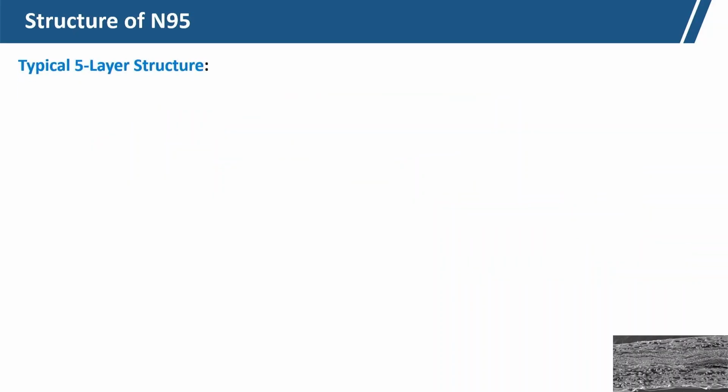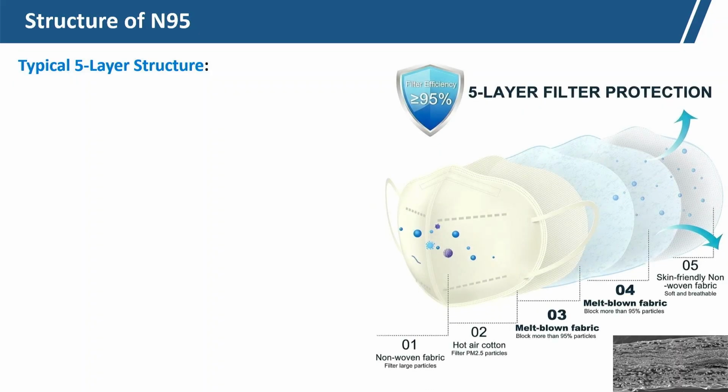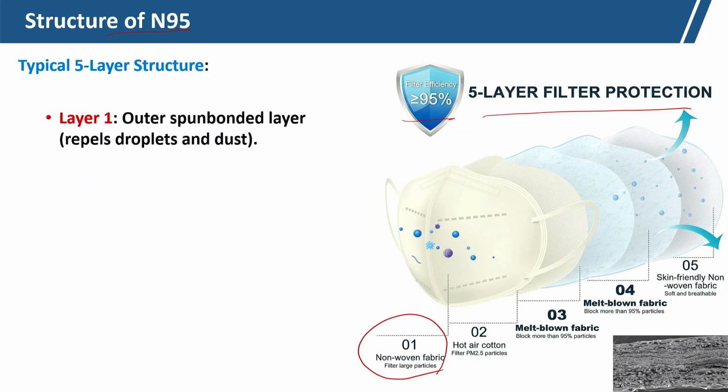Now, if we see the structure of the N95, it has a 5 layer structure. Try to see here, this is the N95 mask with 5 layer protection. The first layer is a non-woven fabric with large pores, the outer spun bonded layer, which provides strength and protection for the inner layers, and at the same time repels droplets and dust particles.